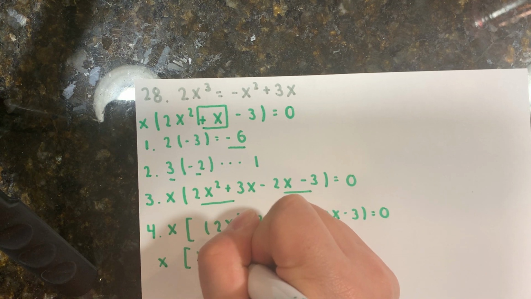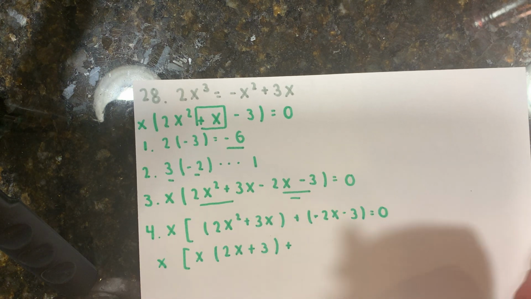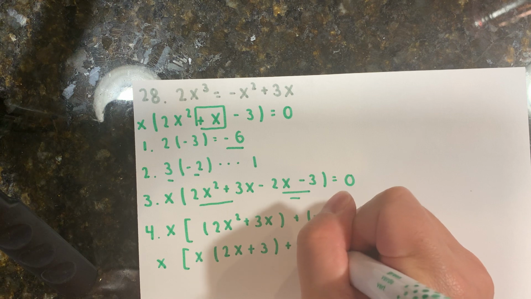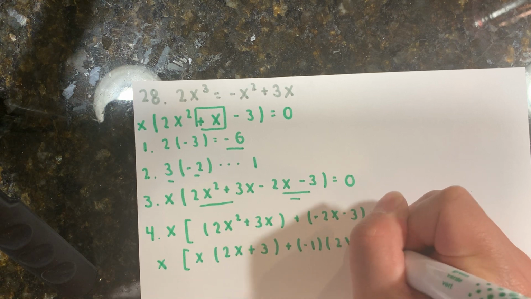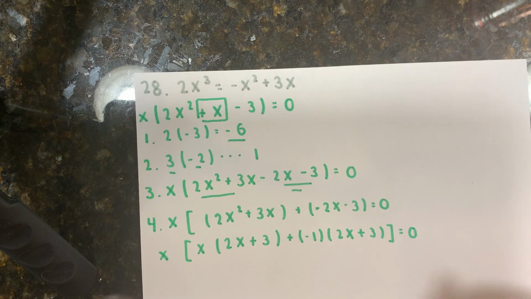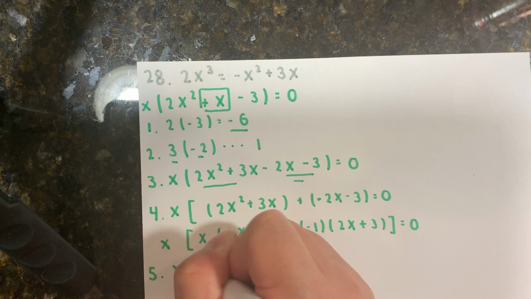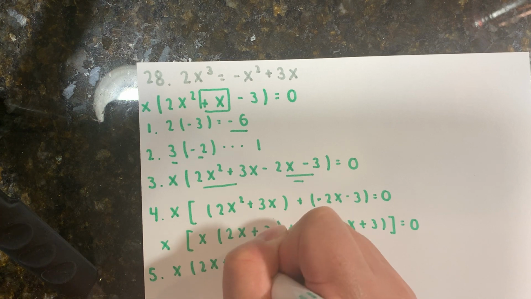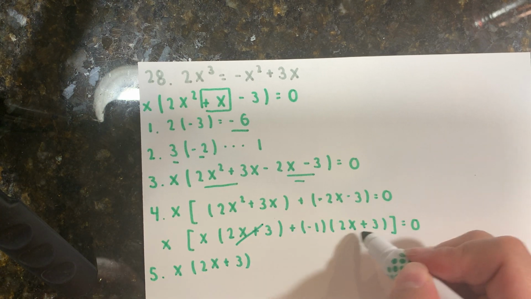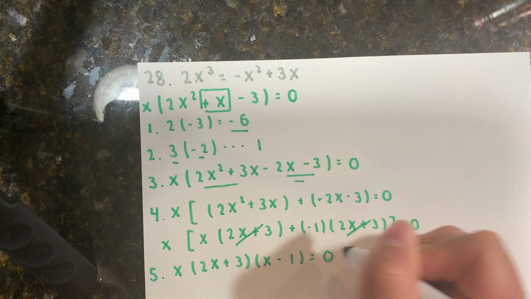That would leave me with 2x plus 3. The second one, the only thing I can factor out is a negative 1, leaving me with 2x plus 3. Now I'm going to factor out the 2x plus 3, which would be x times 2x plus 3, and then I'd be left with x minus 1.